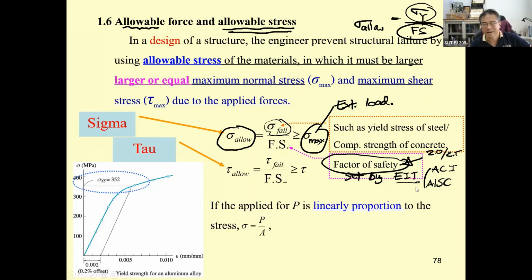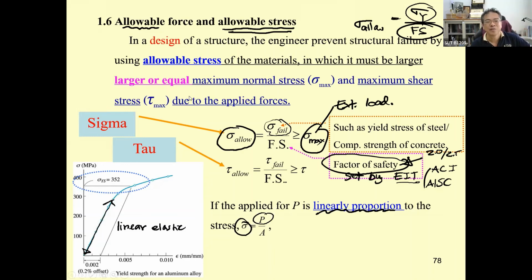And since the property of the material that we are considering is in the linear and elastic portion, there is a linear proportion between the stress and the force.